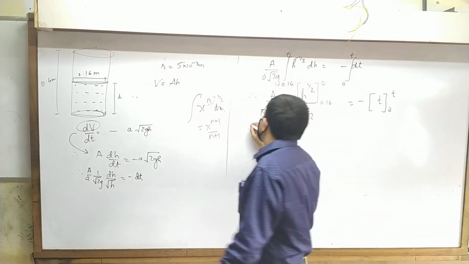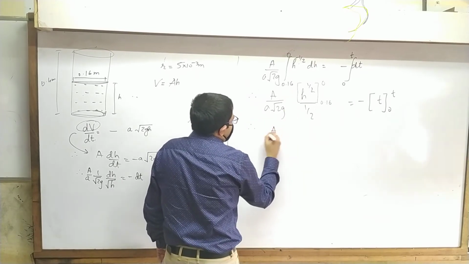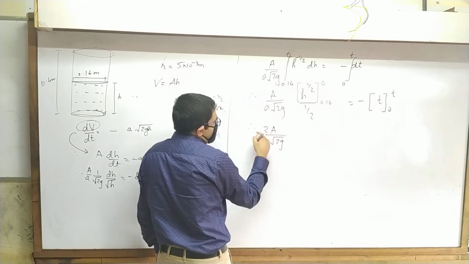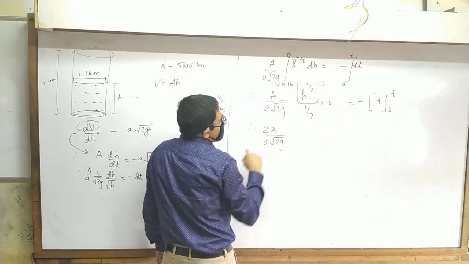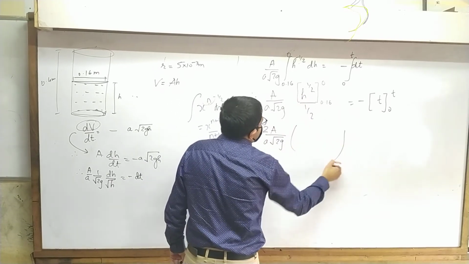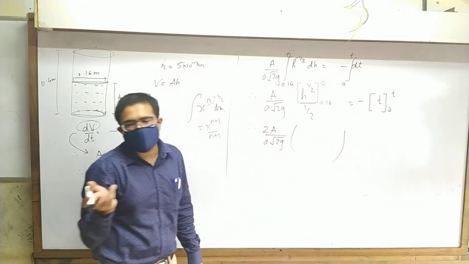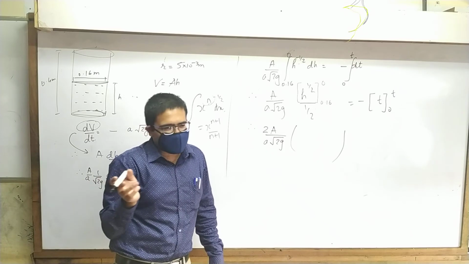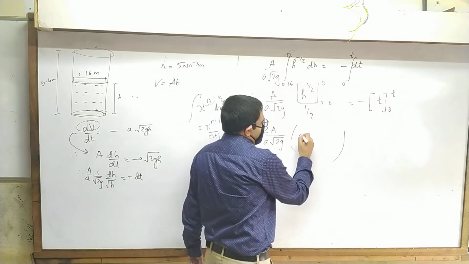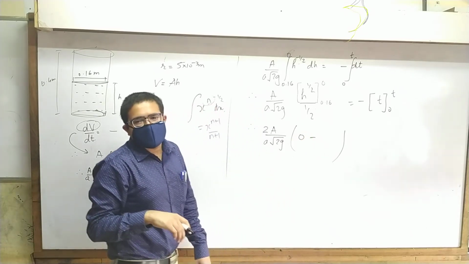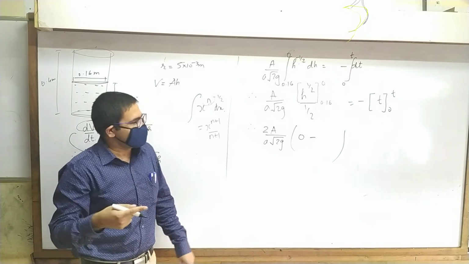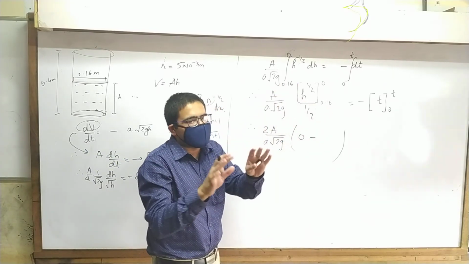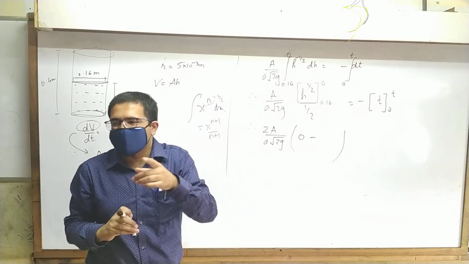Okay, so a by a root 2g, this 2 goes to the numerator, 2a by root 2g. Now here, first we put 0. 0 raised to half is 0. Minus. Okay, now 0.16 raised to half power means square root.